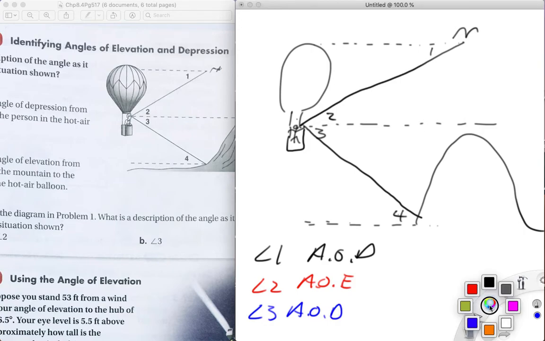And then angle 4, the base of the mountain looking up onto the balloon, and it's alternate interior angles with angle 3. So angle 4 is angle of elevation. Okay. Looking up, angle of elevation. Looking down, angle of depression.